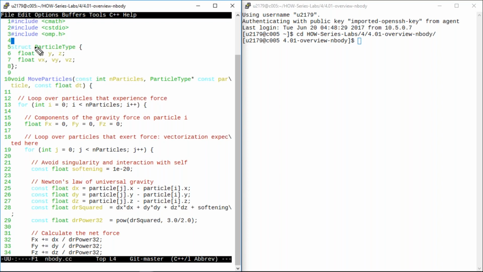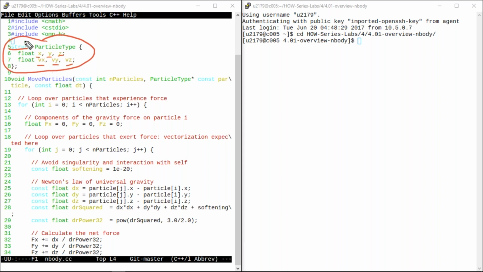From top to bottom, I am declaring a data type called particle type. As you can see, it is a structure containing the coordinates of the particle and also its velocity component. Looks like it makes sense. I have n particles. I have to store their data somewhere.